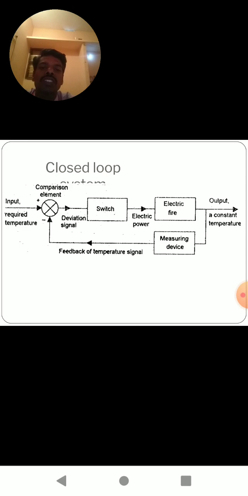This is the function of the closed loop system. The additional comparison element and the measuring device of the feedback signal make the output precise and accurate in these systems.